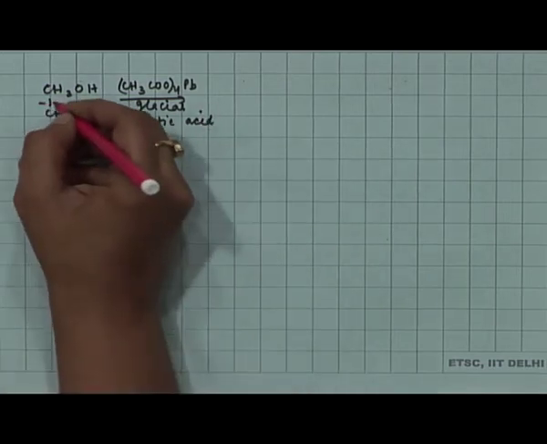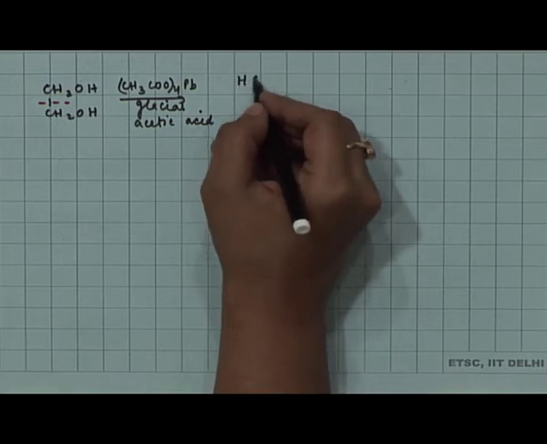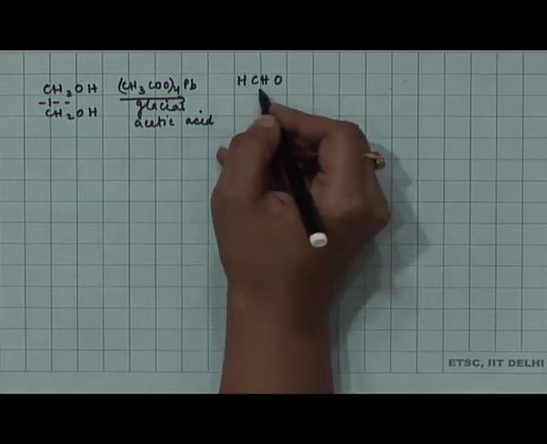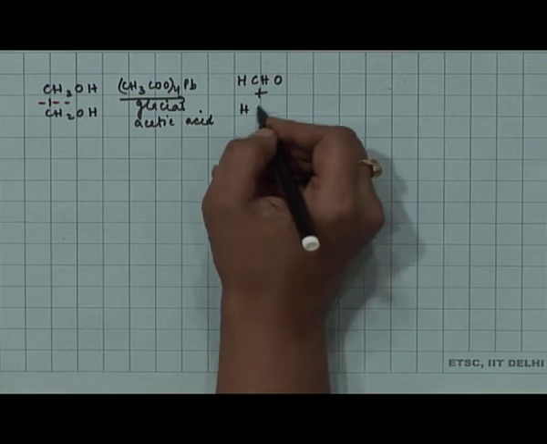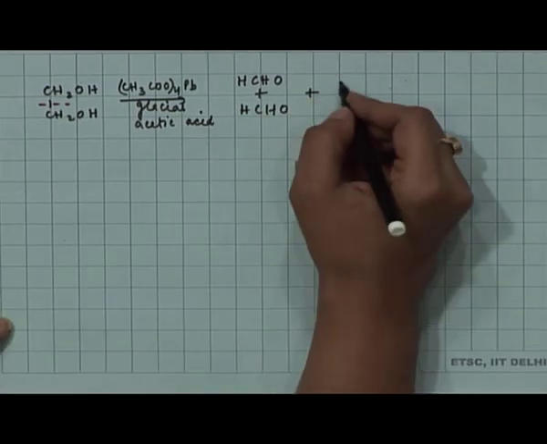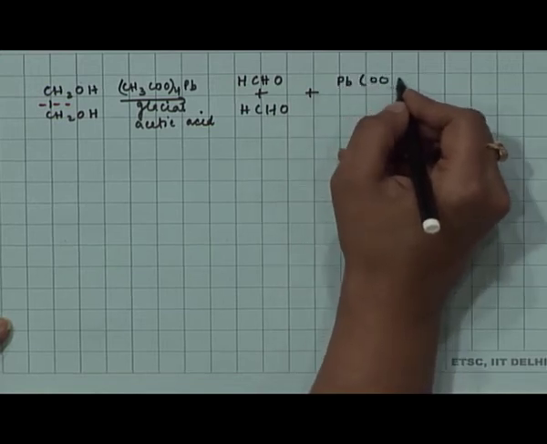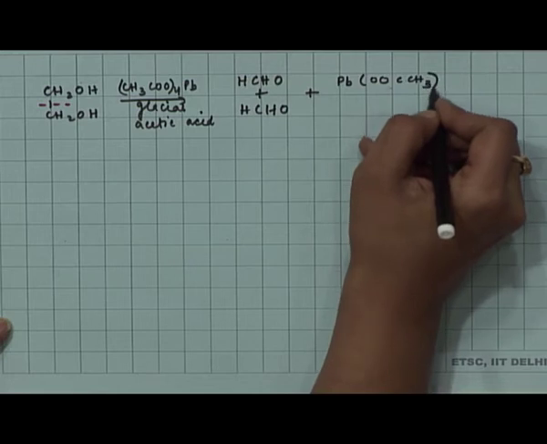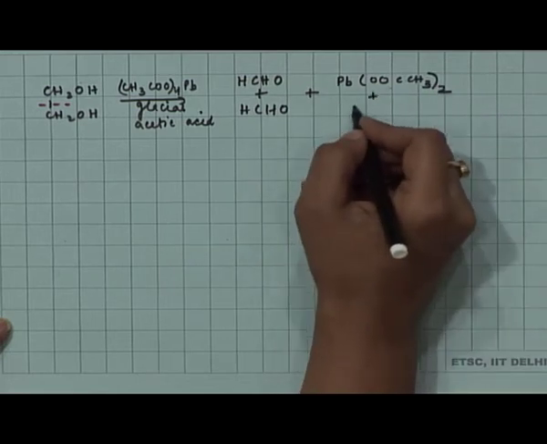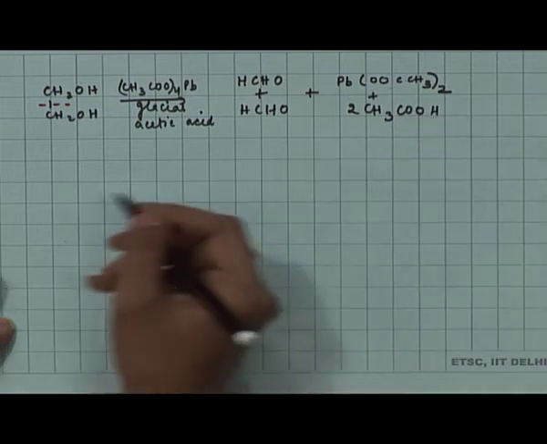As was happening with periodic acid, you get this carbon-carbon cleavage giving you 2 molecules of formaldehyde, and lead tetraacetate is reduced to the diacetate along with formation of 2 molecules of acetic acid which are released.